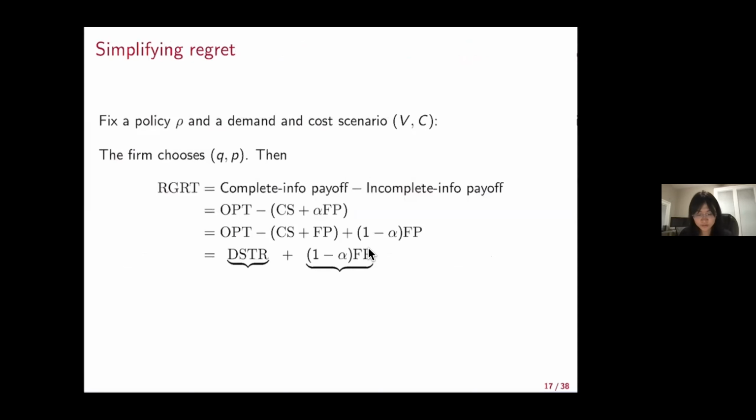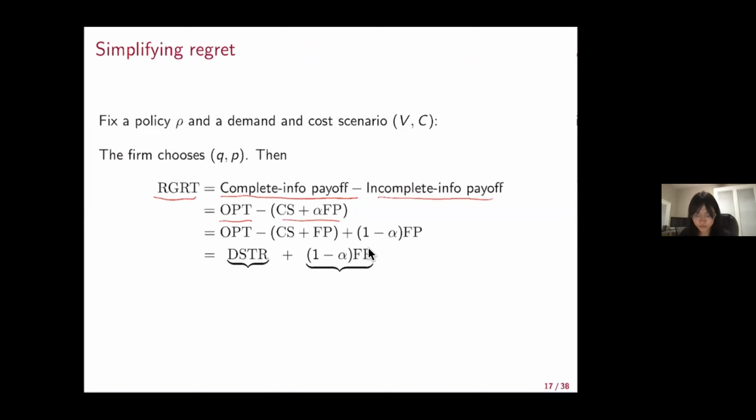Now, this allows us to simplify the regret expression of the regulator dramatically. Remember that the regret is the difference between the complete information payoff and the actual payoff. The complete information payoff is the maximum total surplus. The actual payoff is consumer surplus plus alpha times firm's profit.